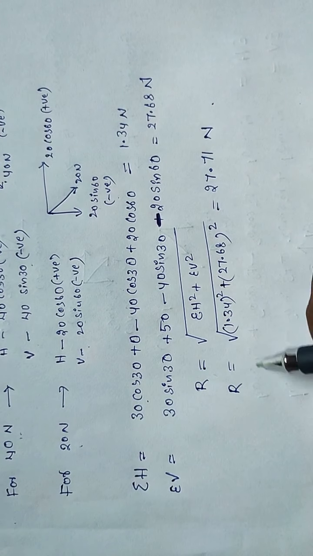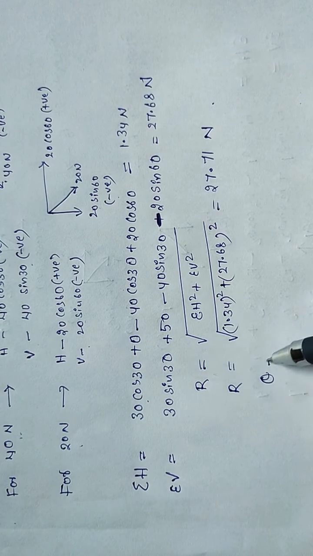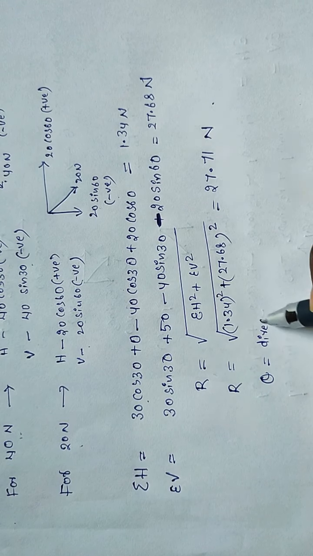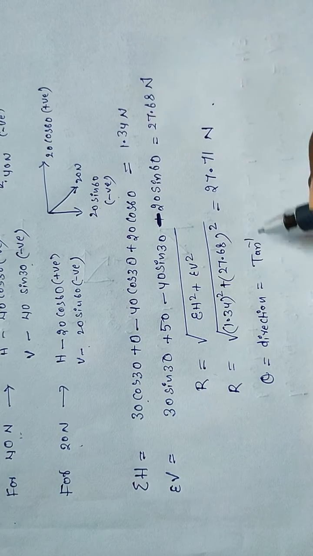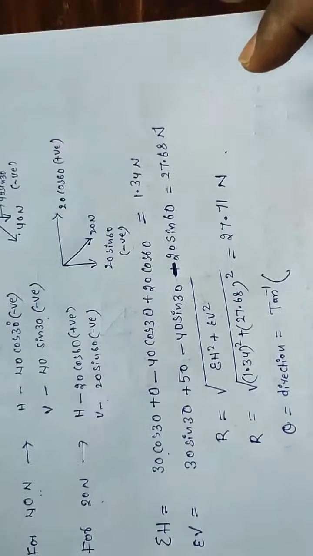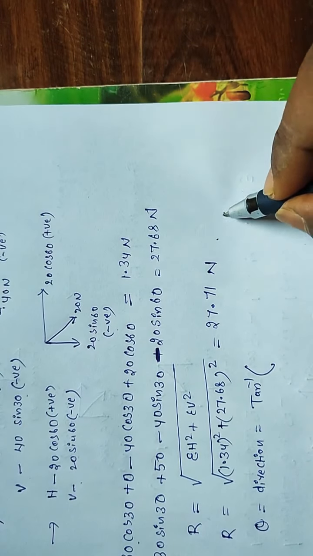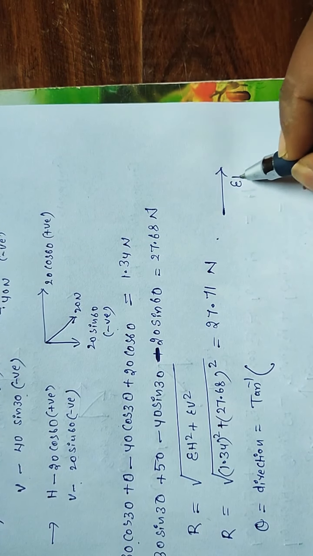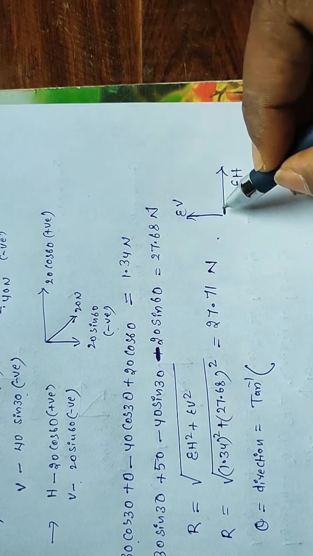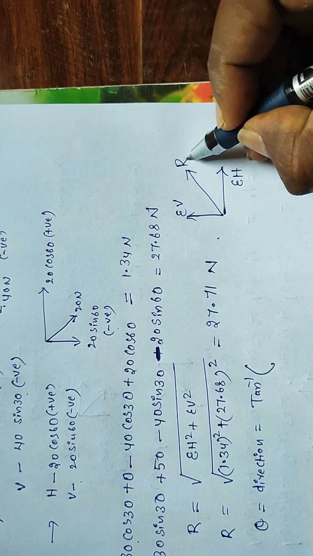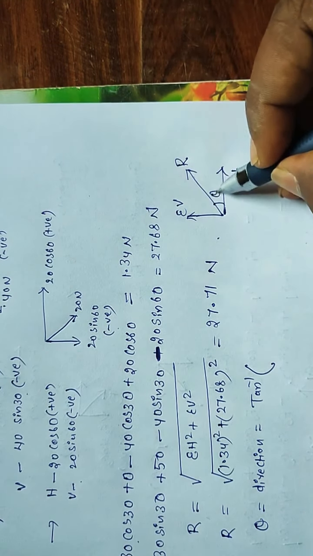So this is the magnitude of the resultant, and now the direction. Theta direction will be equal to tan inverse of. Here, if you consider this sigma H and this is sigma V, resultant is R. So this is theta.